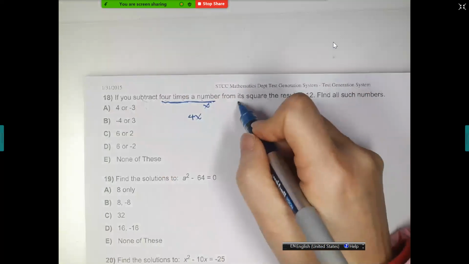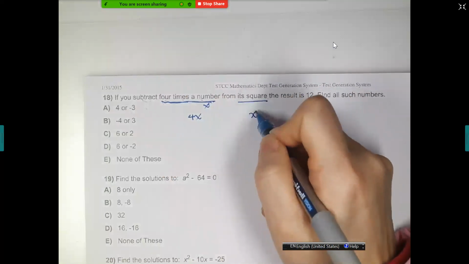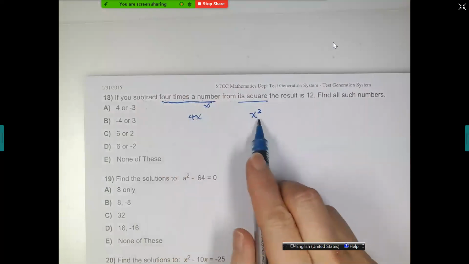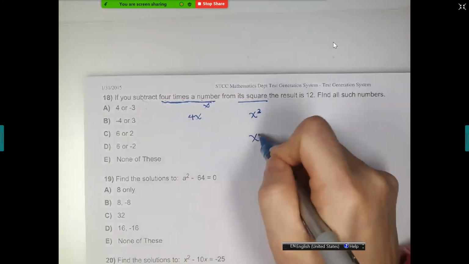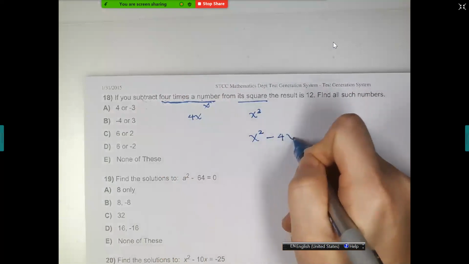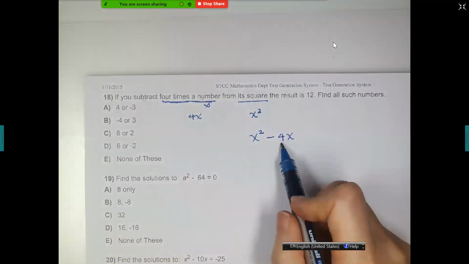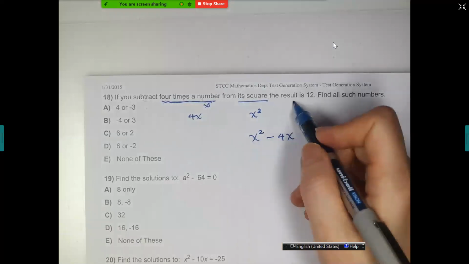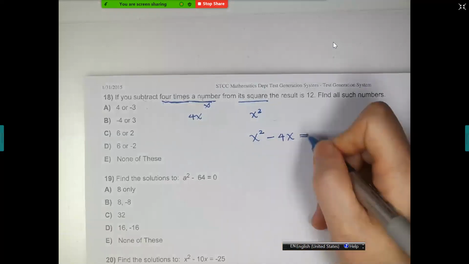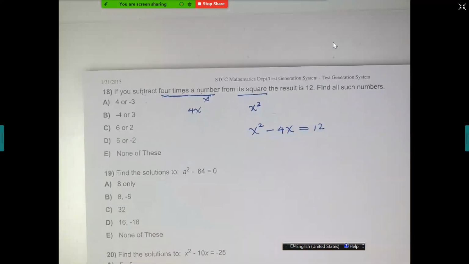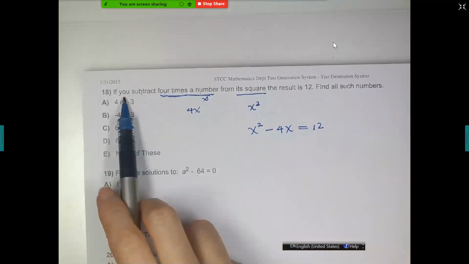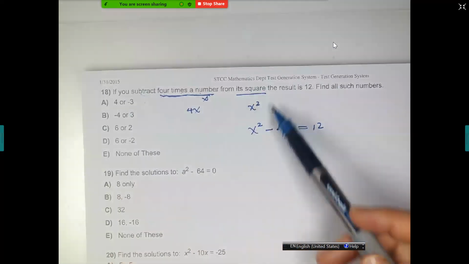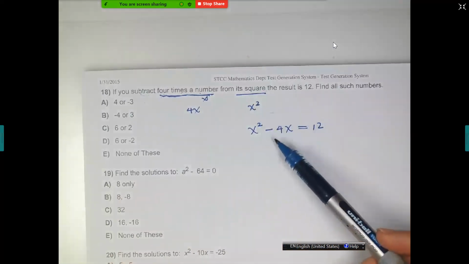From its square. What is its square? x squared. So subtract 4x from x squared. I will get x squared minus 4x. That means subtract 4x from x squared. And the result is, means equals 12. Okay, see, after we read the problem, translate from the English phrase into the algebraic expression.